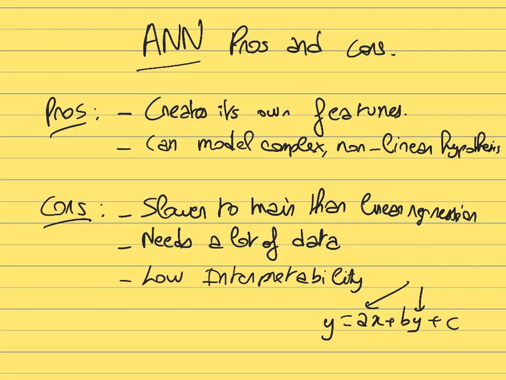So this allows you to understand which one of those two features is the most important. The higher the value of this weight, the more important the feature is. So in this case, you can really understand what the model is giving you. This would be a very interpretable model when you are just using linear regression.